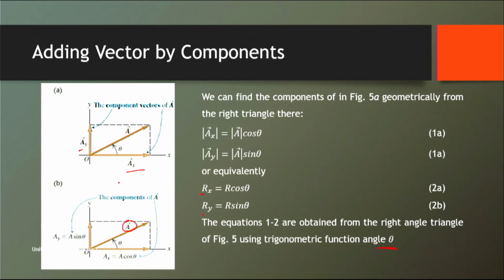You understand that tan of our angle theta is the opposite, which is AY, over the adjacent, which is AX. And this is the way we can obtain our angle. When we take the tan inverse, we can get theta.